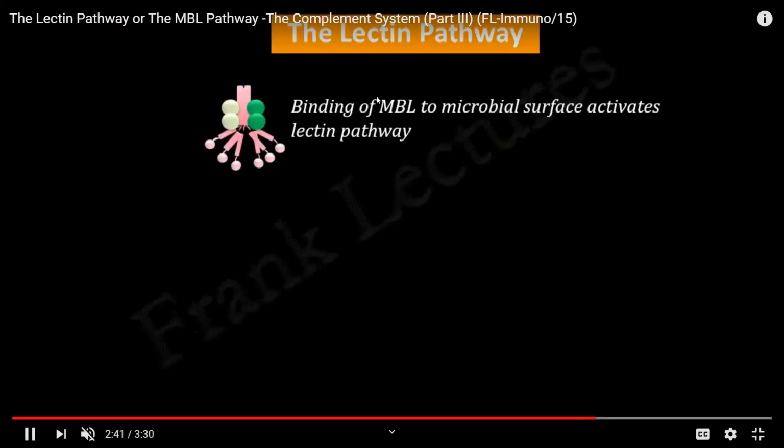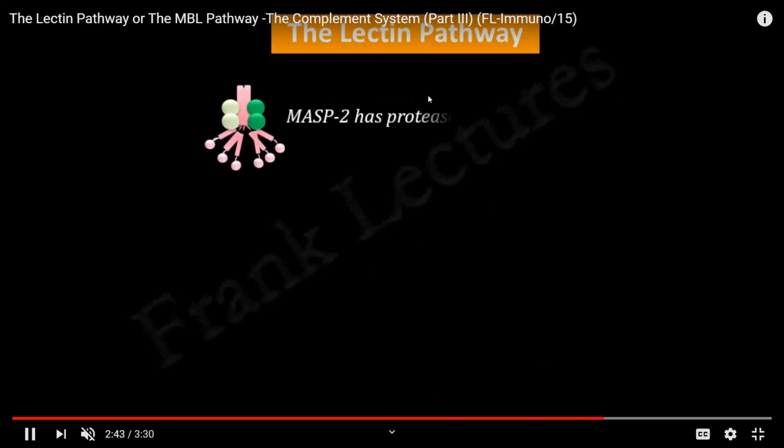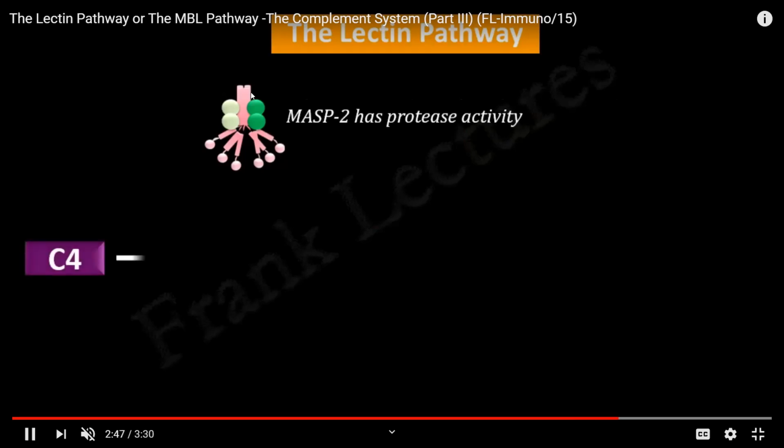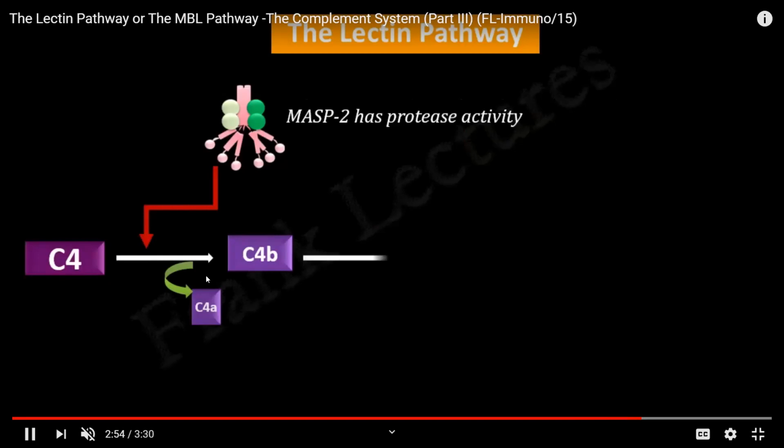So, in short, a revision of what I have told you just now. Binding of MBL to the microbial surface activates the lectin pathway. MASP2 has the protease activity. First C4 comes and tries to bind, and C4 gets cleaved into C4a and C4b.